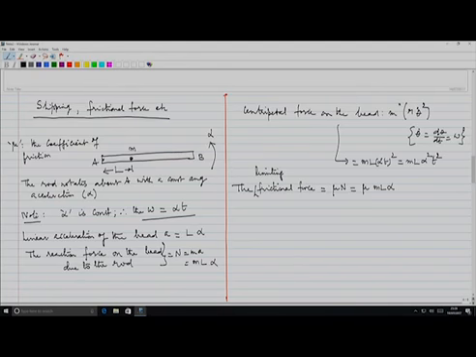Okay, so the condition for slipping is that this frictional force must be equal to the centripetal force.